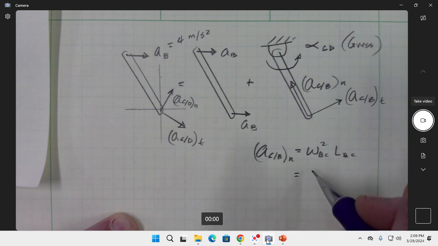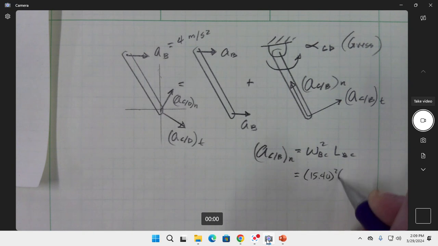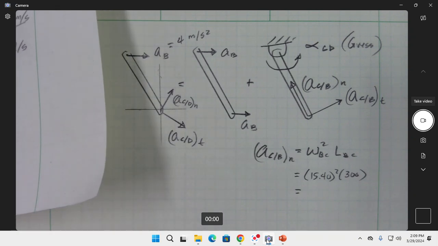And it's going to be the same value that we had for the other one. I know it's confusing because we have the same length and we have the same angular velocity. That's going to come out to the same thing, right? So you're going to have 15.40 squared times 300.